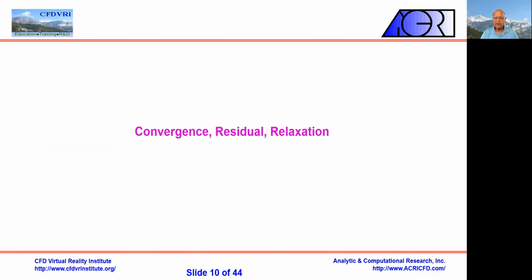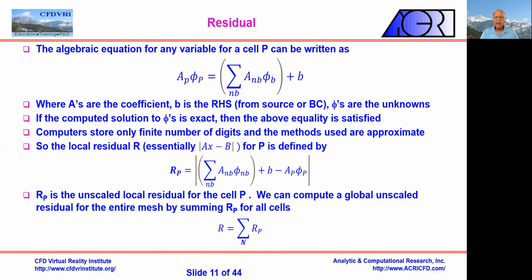Now let's look at a few issues that arise when you use all these iterative or direct matrix solvers. First, after you solve the matrix, whether direct or iterative, the algebraic equation for that point is given here. This is the diagonal component and these are the off-diagonal components. B is the forcing function or the stiffness vector.